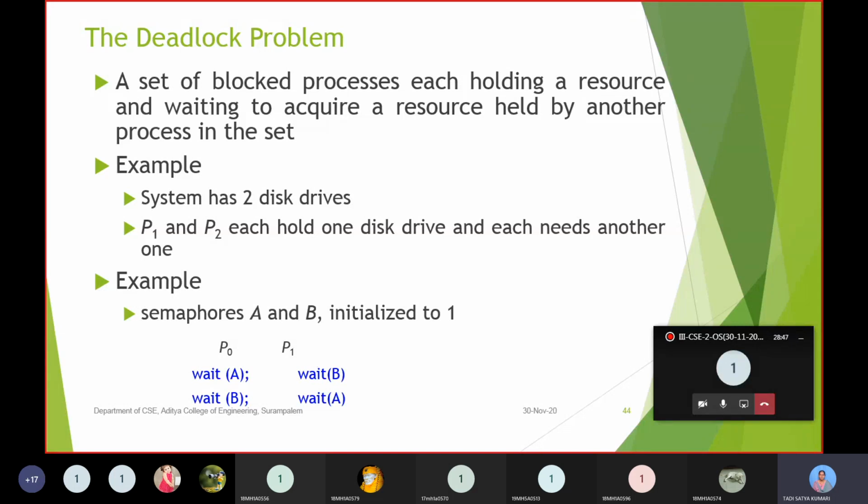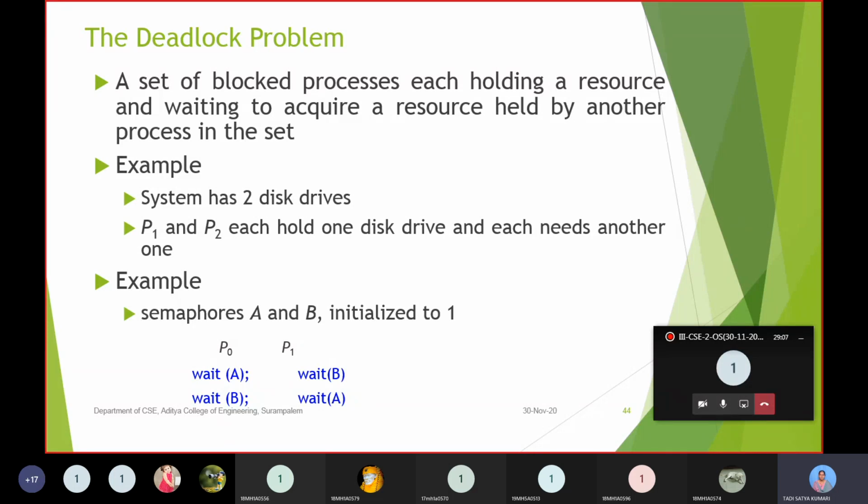One more example given to define deadlock is the semaphore example, which we discussed in the first part of the fourth unit. There are two semaphores, A and B, initially initialized to the value of 1.